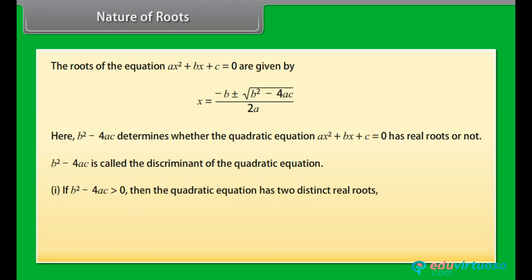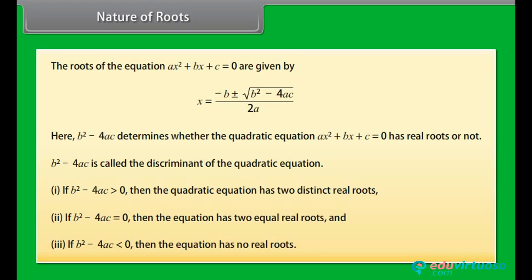If b² - 4ac is greater than 0, then the quadratic equation has two distinct real roots. 2. If b² - 4ac is equal to 0, then the equation has two equal real roots. And 3. If b² - 4ac is less than 0, then the equation has no real roots.